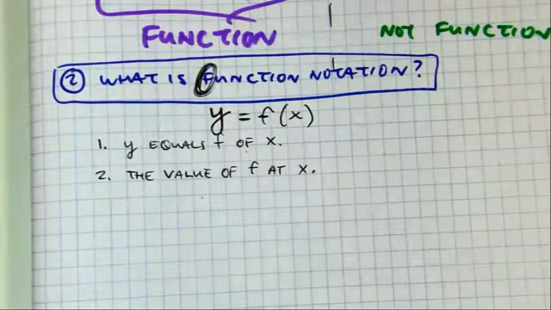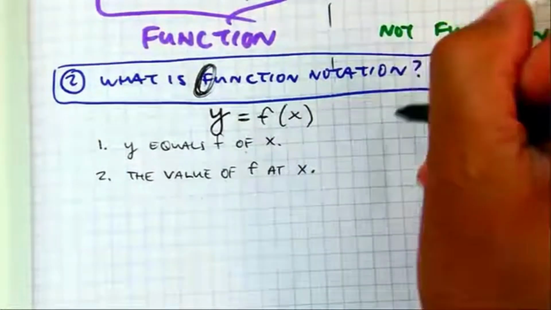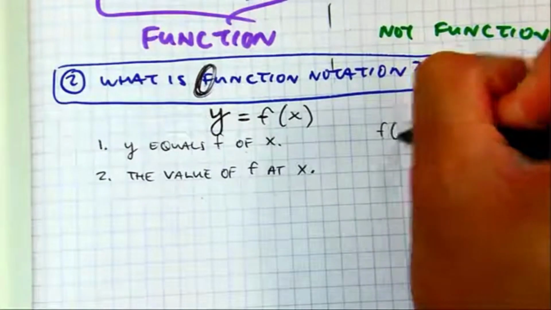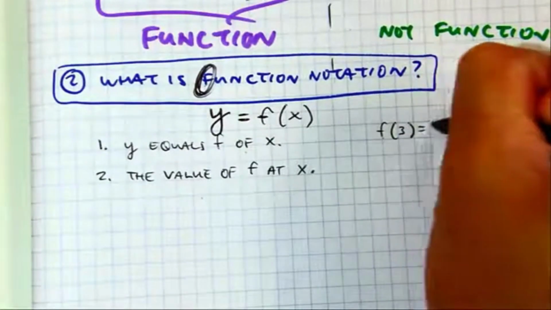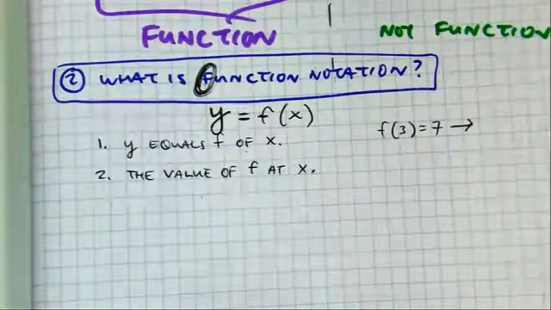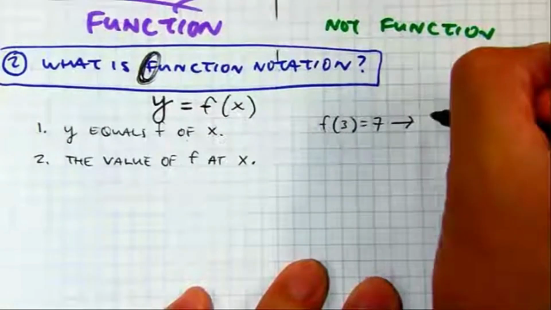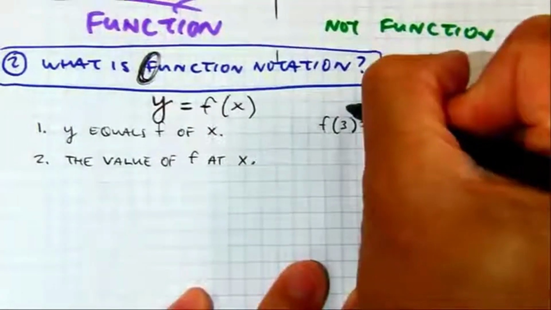All right, so let's make sense of this. f of 3 equals 7. What is your x value? The x value is actually in the inside there.